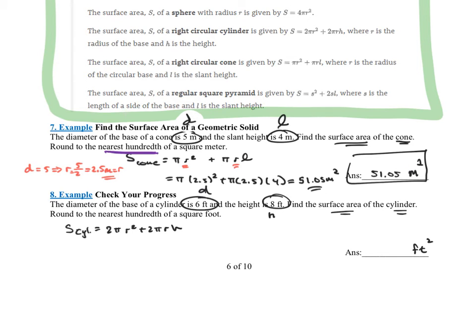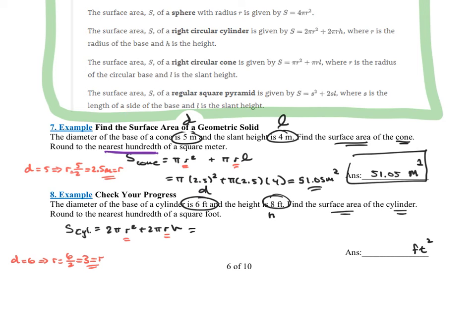The formula requires r, and what we have is d, so we need to do some side math again. If we know d equals 6, that tells me that r equals half of that, which would be 3. So the number that I'm plugging in for the radius would be 3, not 6. Be very, very careful with that. So let's go ahead and plug in our numbers.